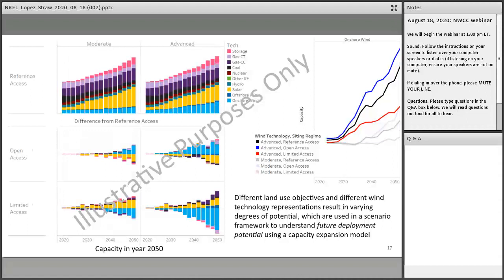The light blue colors represent the additional capacity as a result of having more access to higher quality wind resources. In the limited access scenario, moving up into the year 2050, we see a decline in the capacity deployed on the electric system as a result of less availability of higher quality resources.